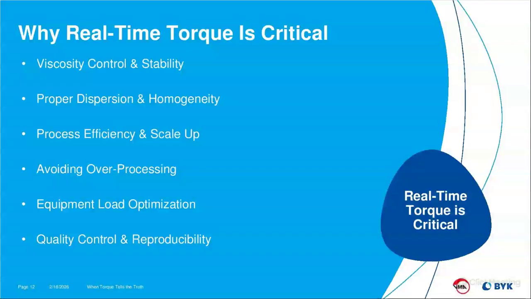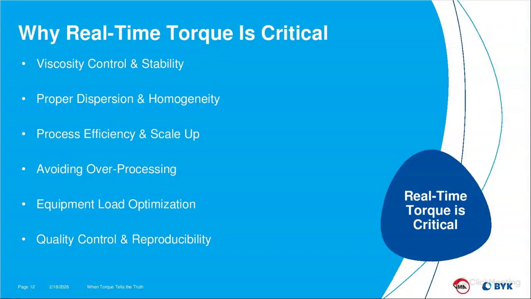So why is torque measurement critical? Well, a number of different reasons. We have viscosity control and stability. This will ensure we make consistent material properties for uniform coatings.